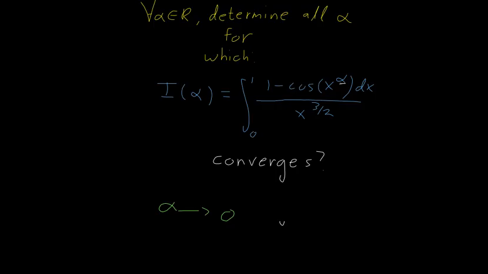Sometimes alpha goes to zero, and sometimes it will stay fixed, and sometimes it may just blow up. But that one difference is completely going to change whether the integral converges or diverges. So depending on alpha, if we do things correctly, it's going to depend whether the integral is going to converge or diverge.